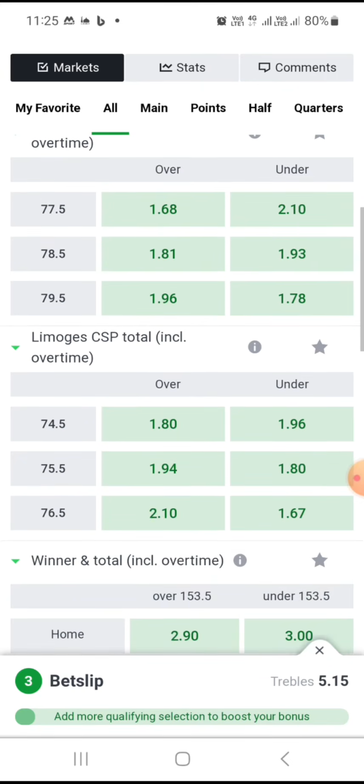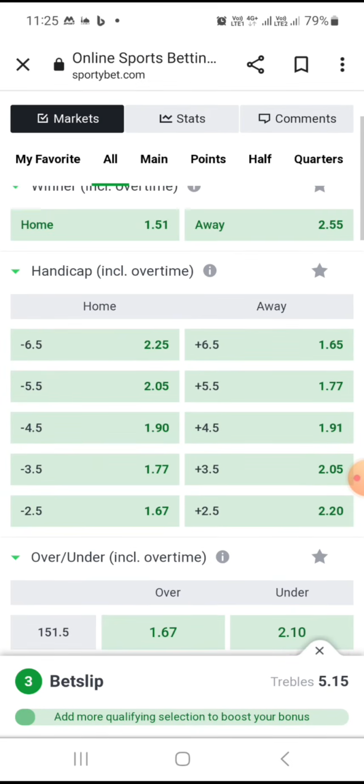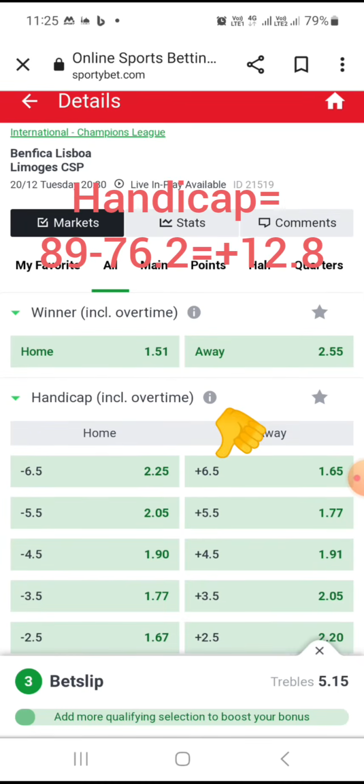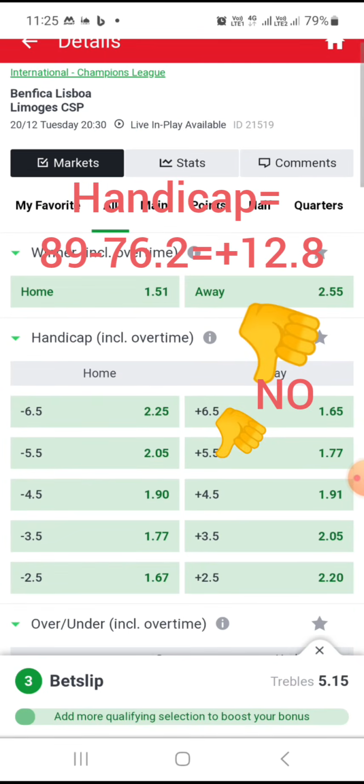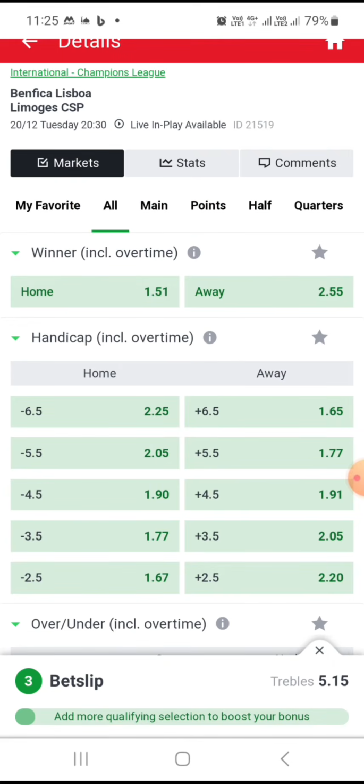Then if you go to Lemagos, the average I calculated was 76.2. Then they have 74.7. A slight difference, which is a little bit. Then the way you have to calculate your handicap to know whether you are right to play this plus 6.5 is from the average I did.